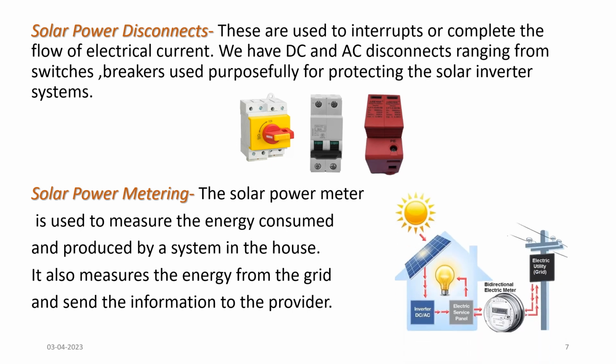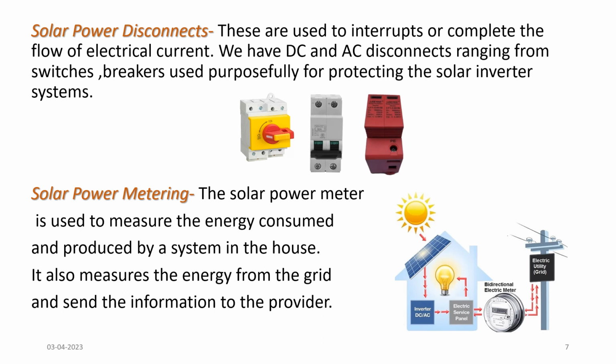This picture is telling me that I have a rooftop solar that I generate from. Then this is a bidirectional electric meter. It monitors the power you consume. It monitors the power you produce or generate. It monitors the amount you sell to the national grid. Then it monitors what is coming from the grid into your system when you are not generating, or when the amount of energy you generate is less.